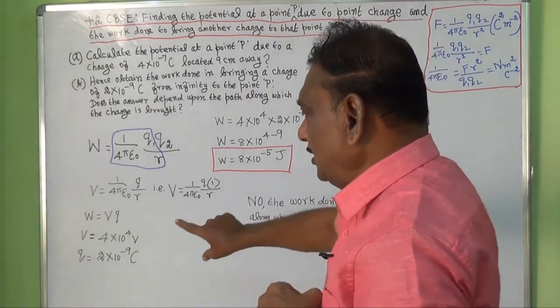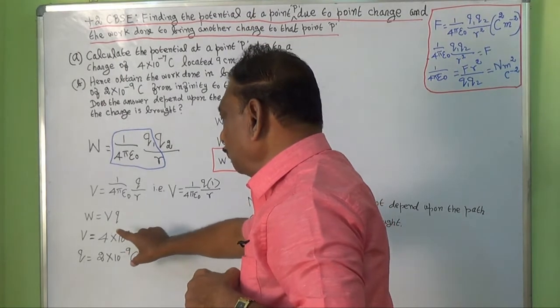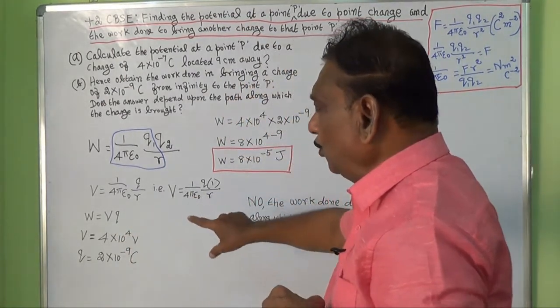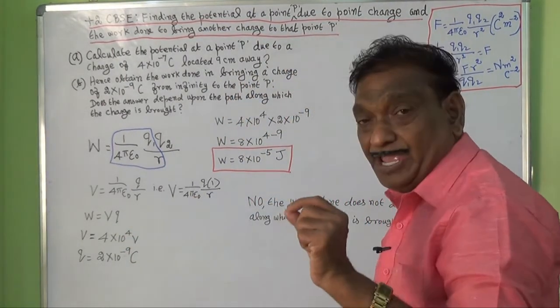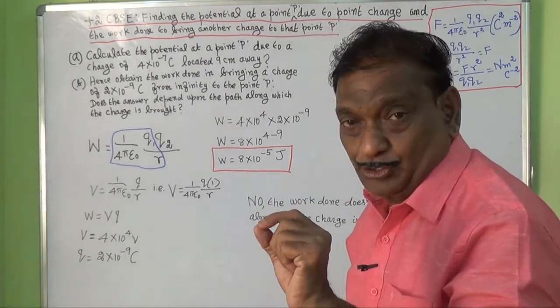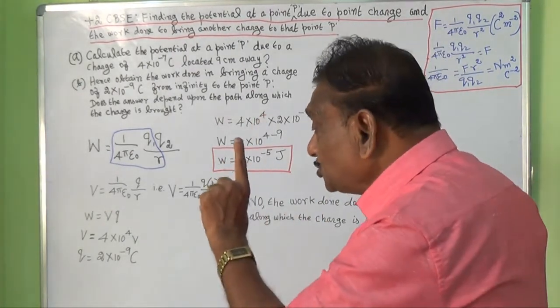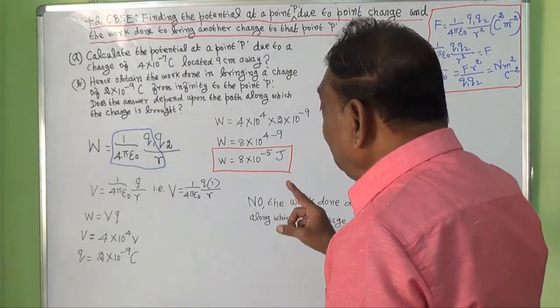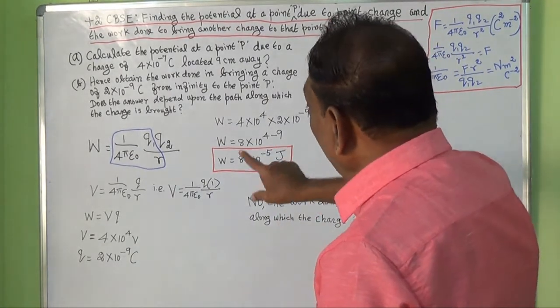This potential V equal to 4 into 10 to the power of 4 volt is the work done to move the unit positive charge from infinity to the point P.